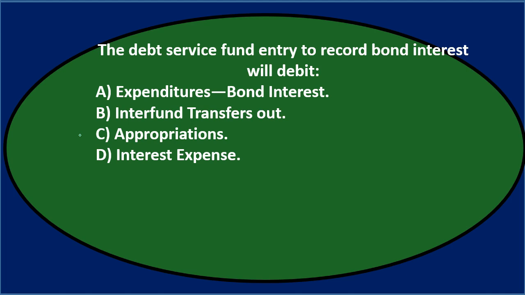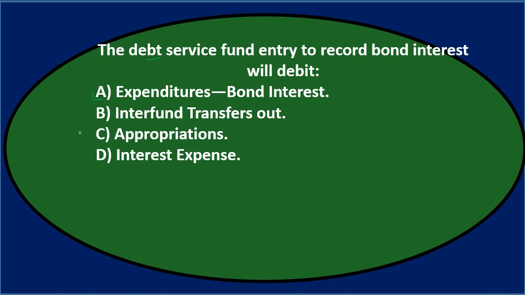One of the primary unusualities being that we don't have expenses but expenditures. Here the debt service fund is going to be using a modified accrual basis method. So keeping that in mind, going to A, expenditures, bond interest. That uses that funny term instead of expenses, expenditures, which you would expect on the debt service fund, so I'm going to keep that for now.